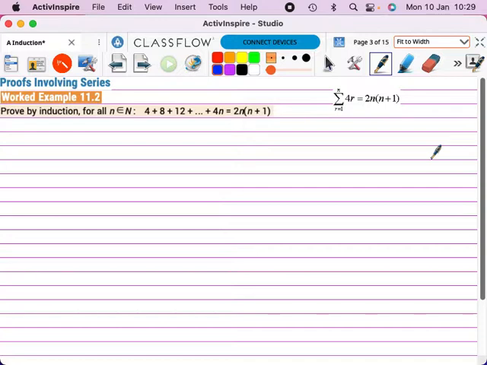Now, when we're doing a proof by induction, you need to know something. This is a question which allows you to comfortably get a set of marks, even if you don't completely understand it, and even if you don't finish the proof.